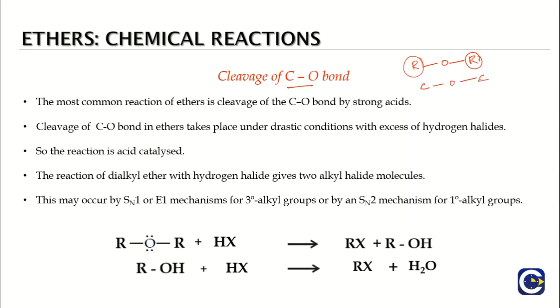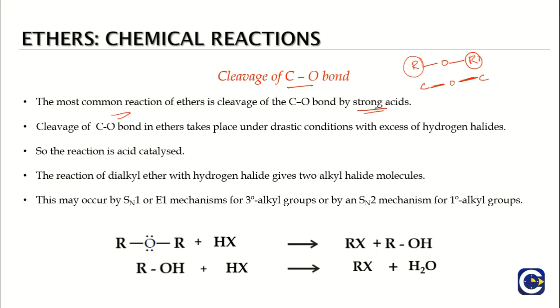Similarly, we have a bond between the carbon of the other alkyl group and the oxygen. This bond can be cleaved, and this cleavage of the carbon-oxygen bond is the most common reaction. It is actually an acid-catalyzed reaction.